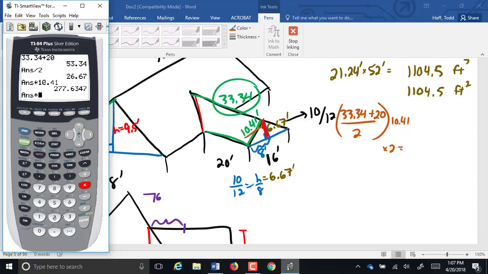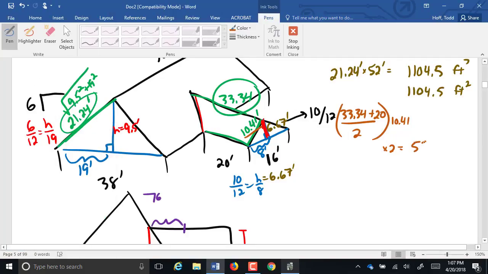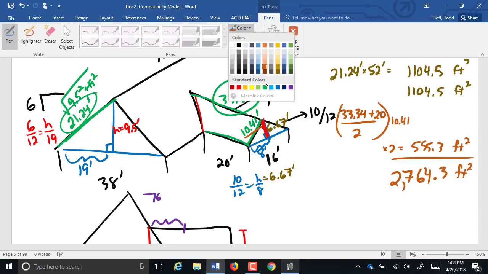Then we're going to just multiply it by 2. 555.3 square feet. If we add that all up, we get 2764.3. But what do we still need to do there?